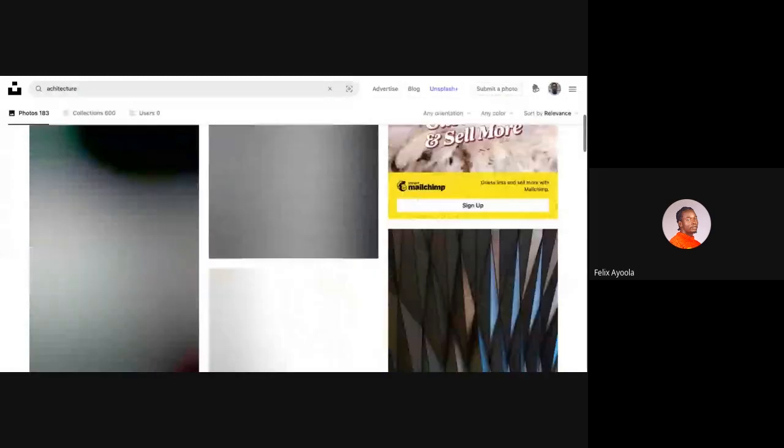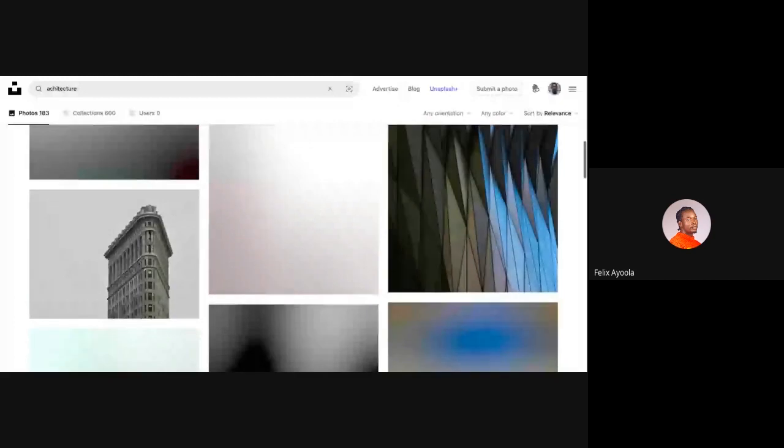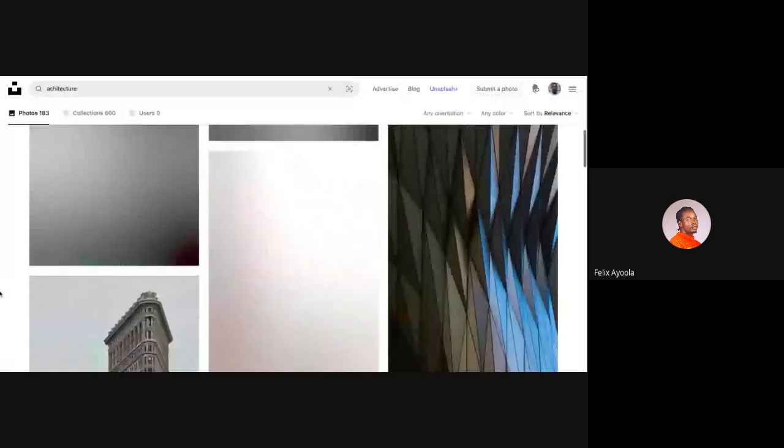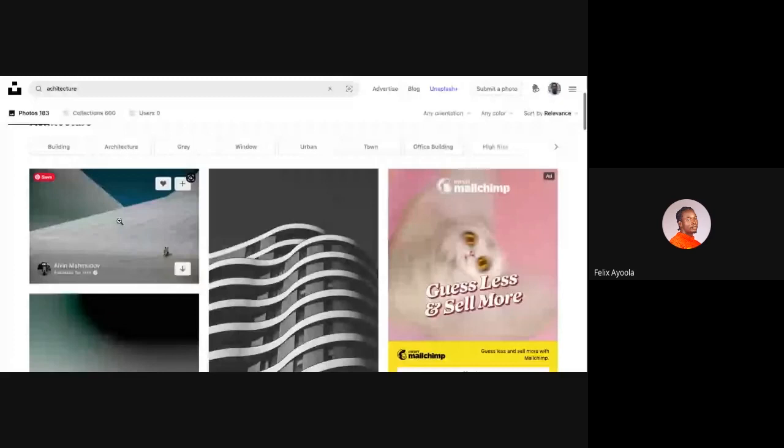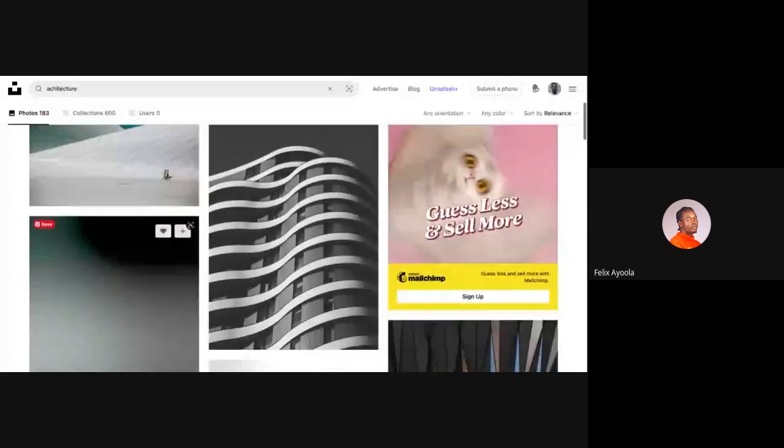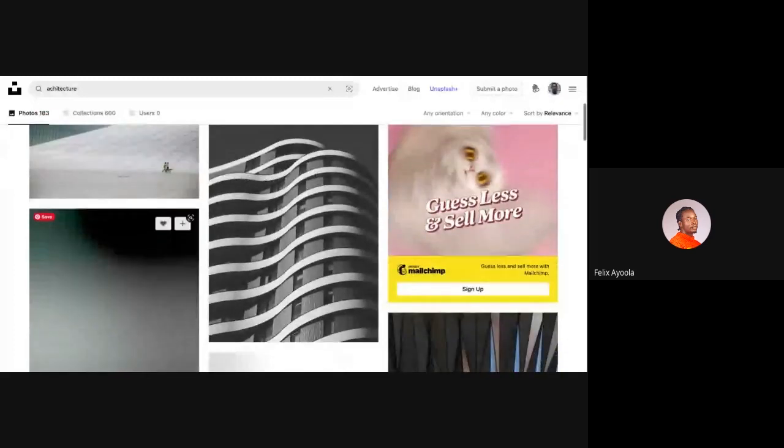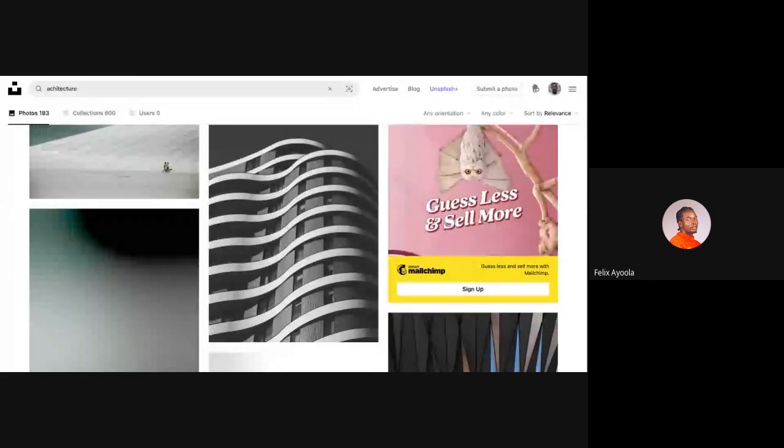Does anybody have a piece of architecture that you appreciate? Before we start seeing these ones, I think I have a more interesting collection on Pinterest. I saved some pictures some weeks ago from architects.